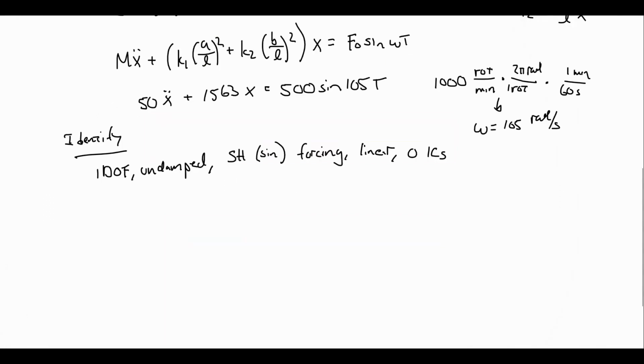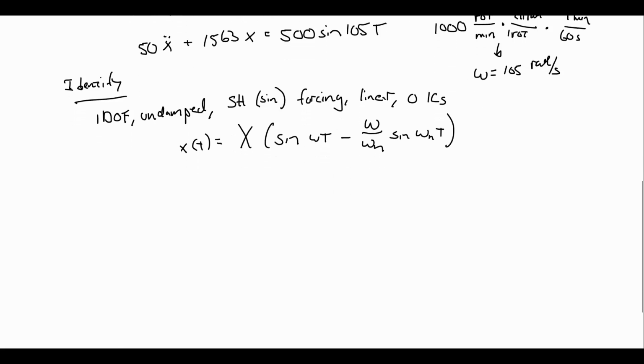So x of t, our current degree of freedom we're working with, is going to be this X times sine omega t minus omega over omega n sine omega n t. So now we can start looking at parameters because we need to know X. We actually know omega, that's the driving frequency, and we need to know the natural frequency.